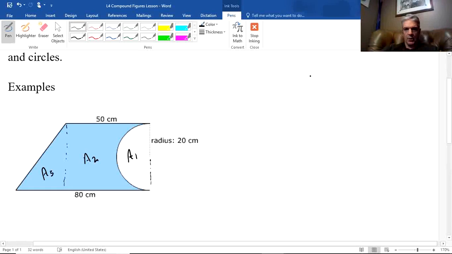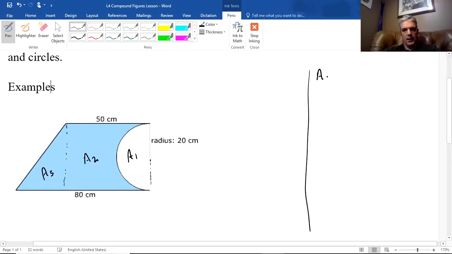My area total is going to equal this area 2 plus the area 3, and then I'm going to subtract area 1. So it's area 2 plus area 3 minus area 1.